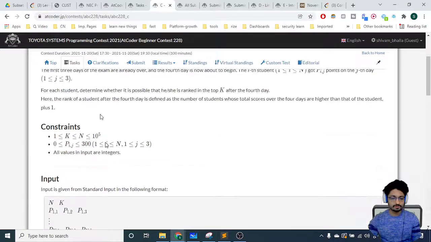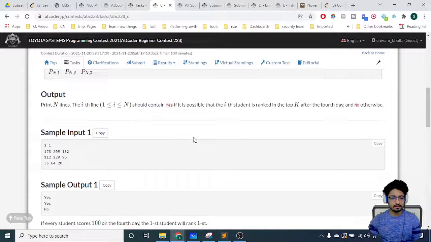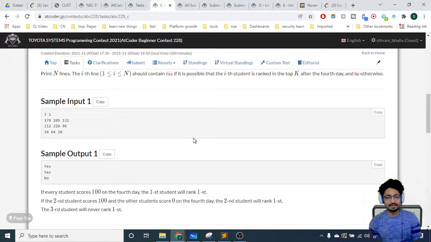It is also written that the rank of a student over the 4 days is defined as the number of students whose total score over the 4 days is higher than that of the student, plus one. You have seen how ranks are made in your class also. So the scores are given and the i-th student wants to come in the top K ranks.